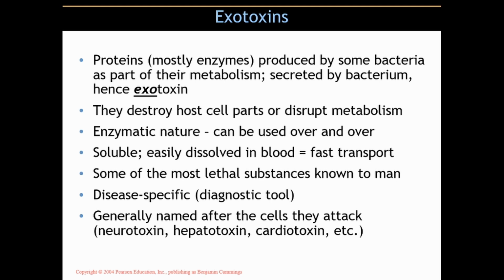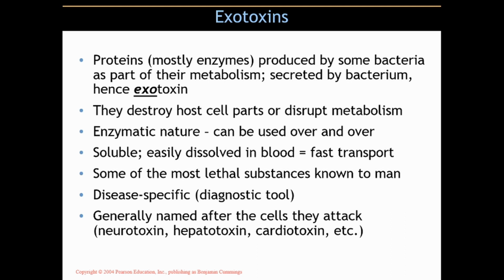They are disease specific, which can be used diagnostically because they produce a particular series of signs and symptoms particular to that exotoxin. So as a result we can use it as a diagnostic tool.